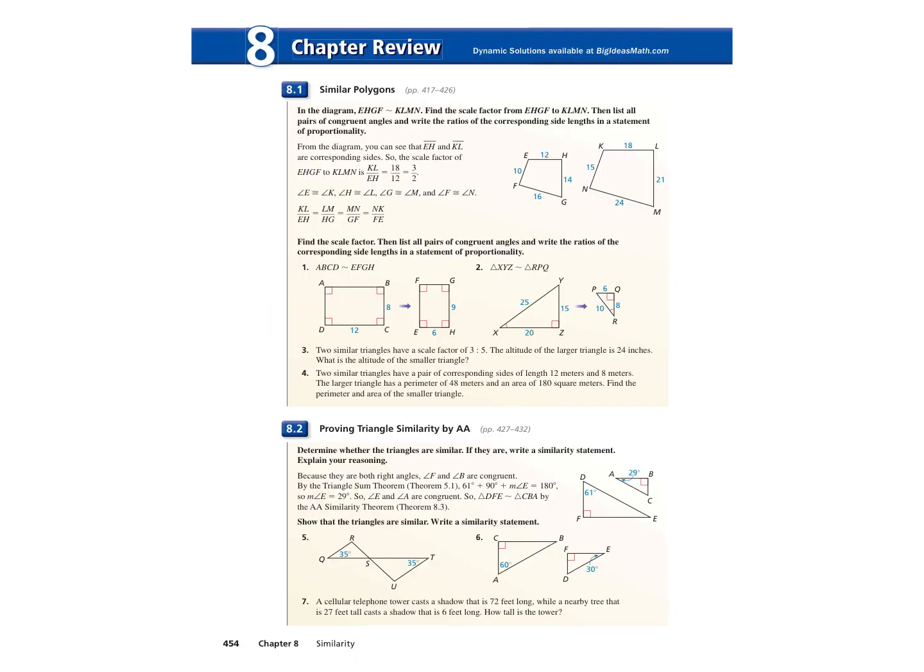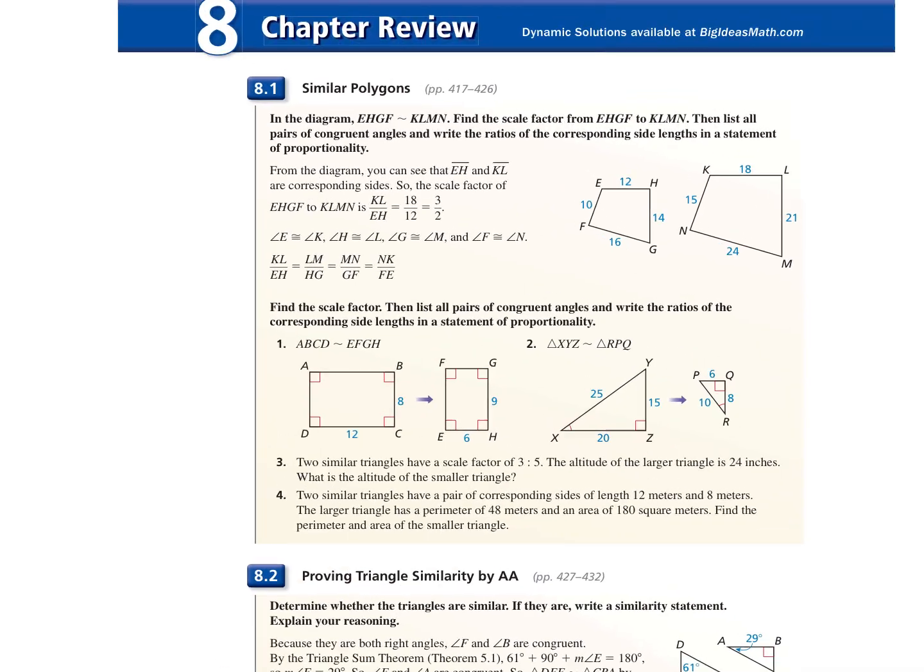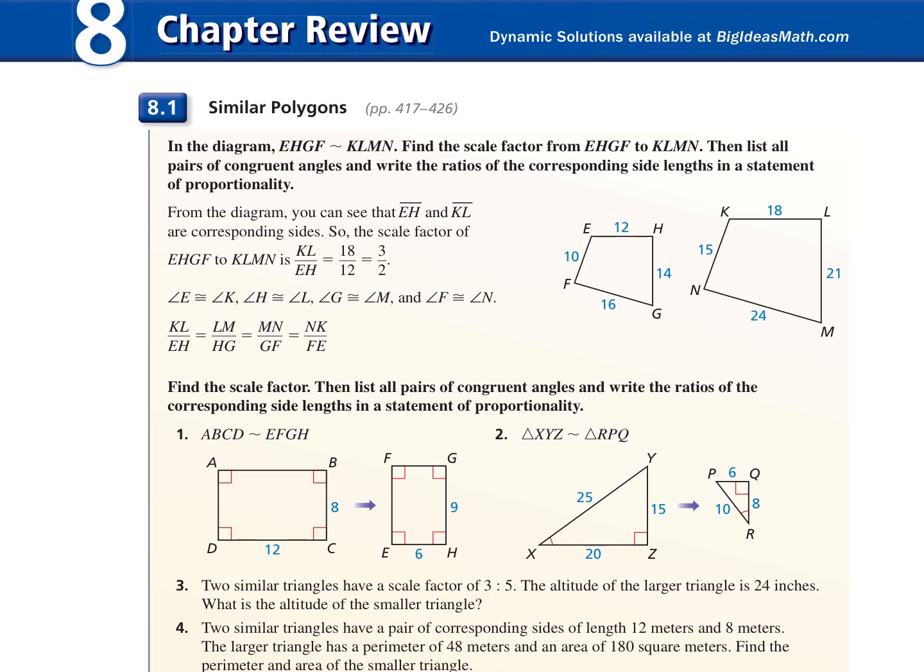Okay, so this is the first page. Now, what's nice about this chapter review is the beginning or the top part of each section. It has a nice little explanation or a nice little review of what you covered in that section. So in section 8.1, this is where we learned what a similarity statement was.